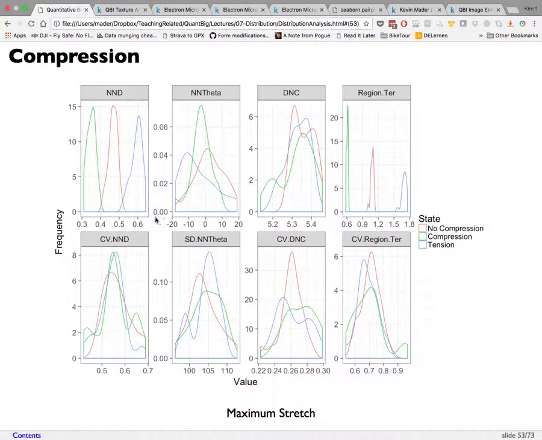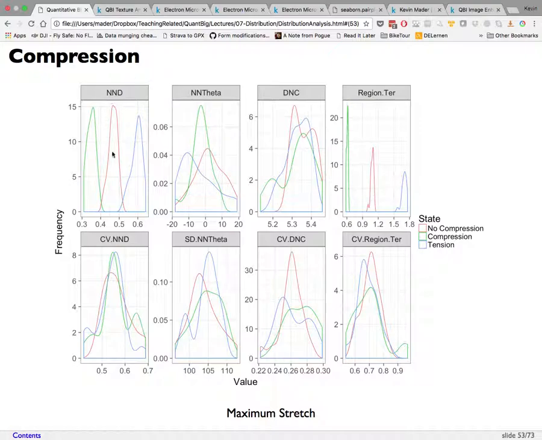And so here we show a number of other different samples where we have no compression, compression, tension. And then we can see how all those distributions change, and that if our goal were to measure compression very accurately, it's clear we would use this region territory because these have the most distinct peaks, so that even in a very noisy system, it would be unlikely that there would be too much overlap.